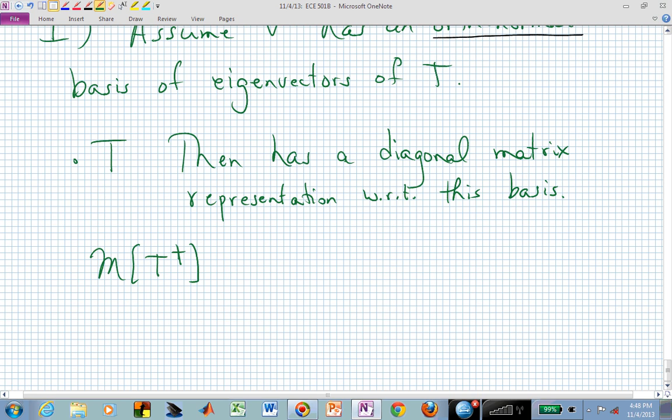This basis is orthonormal, and when we have that, then we know that the adjoint is just the complex conjugate transpose of the operator.